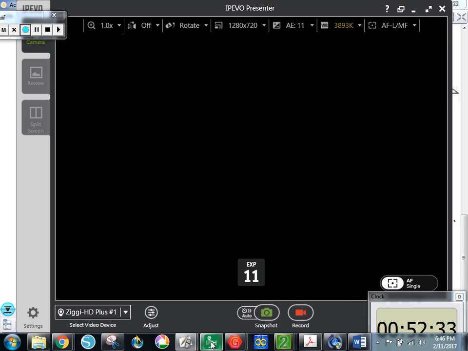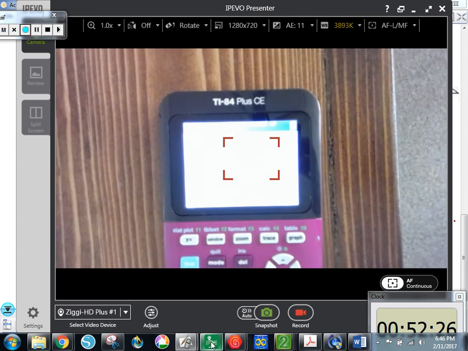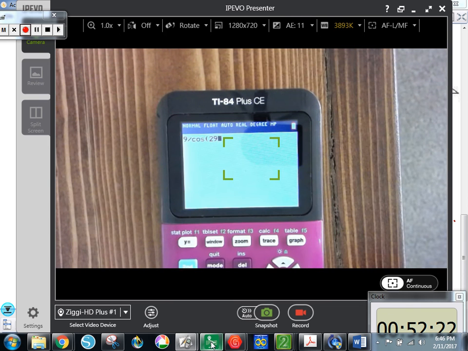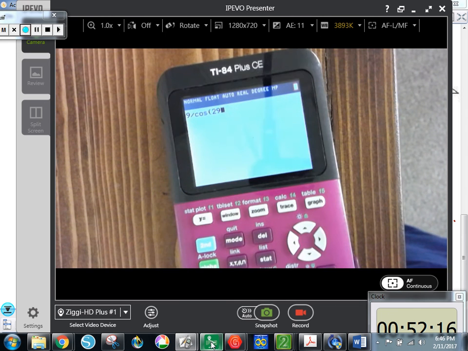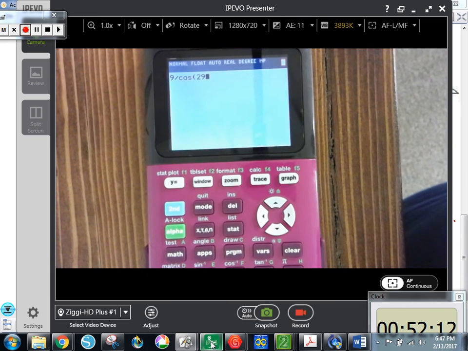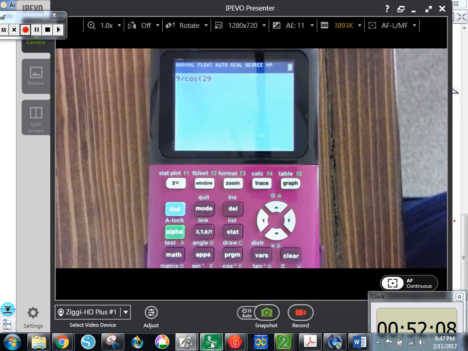All right, so hopefully, in just a second you can see this. Here's my pretty favorite calculator. There we go. So right now I've typed in the cosine of 29, but I need to confirm that I'm in degree mode and not radian. So on the Casio, you do it a little bit different, and if we have time at the end, I can show you.